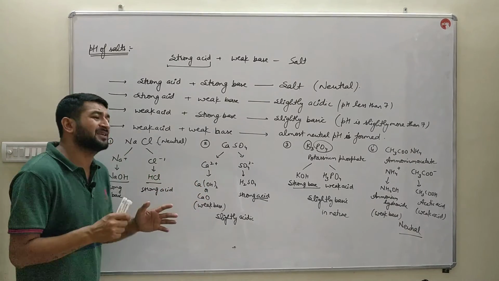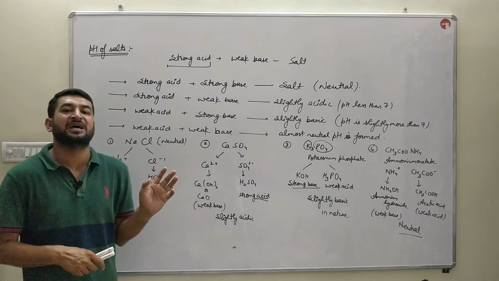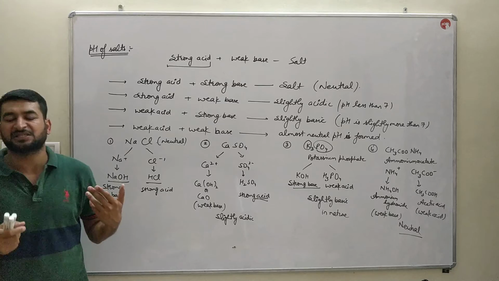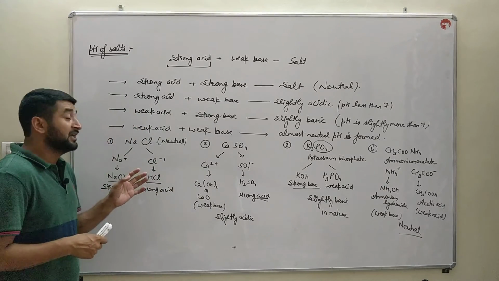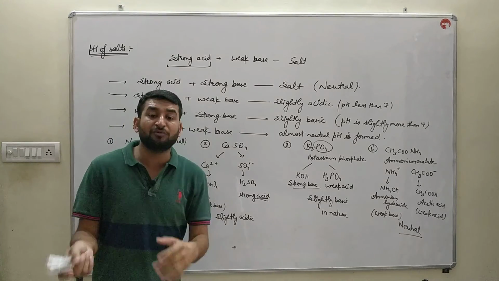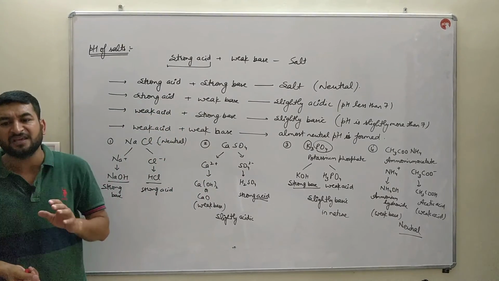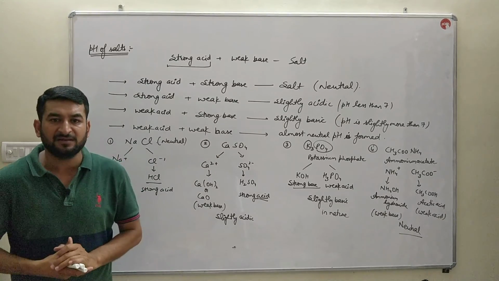If a strong acid reacts with a weak base, then the salt contains more hydrogen ion and its pH is less than 7. That is, the salt is slightly acidic in nature. And if a weak acid and strong base react with each other to form salt, then the salt will be slightly basic in nature, that is its pH is greater than 7.